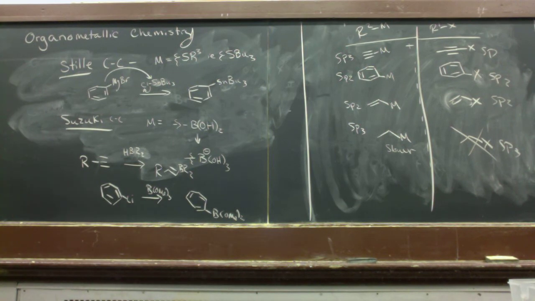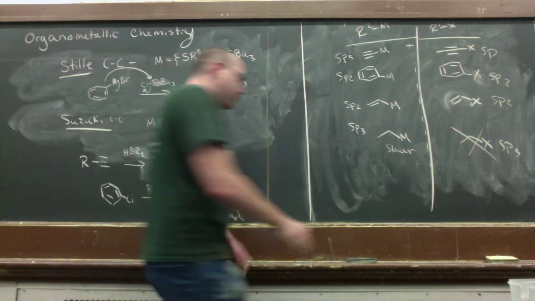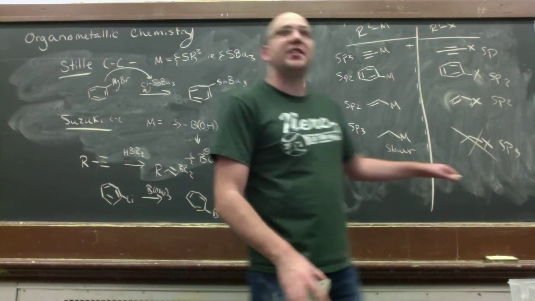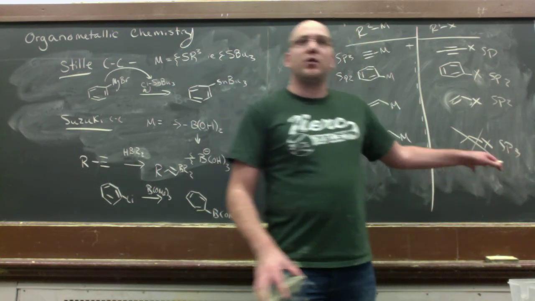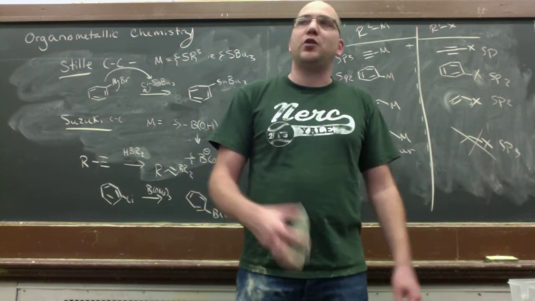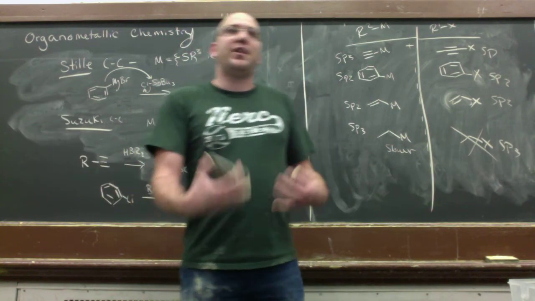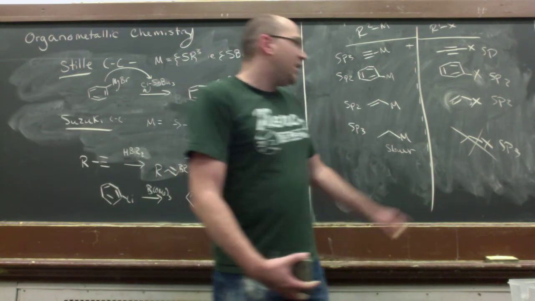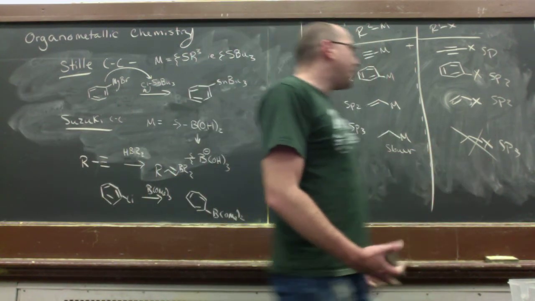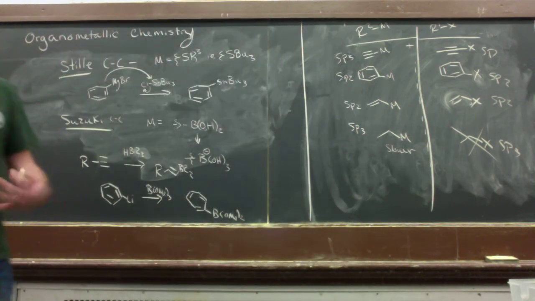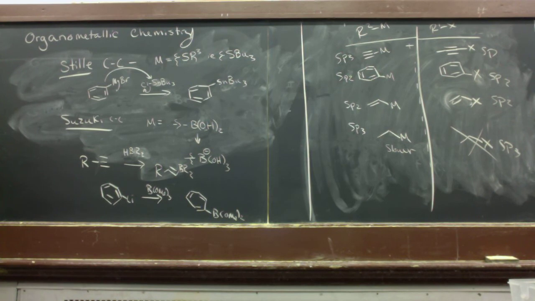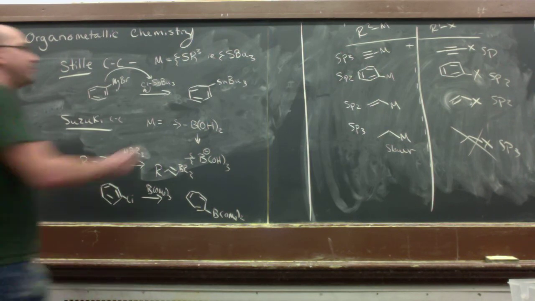And again, there's a guy named Greg Fu, who's out of Caltech now, and he's developed some nice catalysts that can help and allow for these cross couplings, so you can actually do sp3. But that's a really recent development, and it's really challenging to do. And the reason has to do with a potential side product within the overall process, and I'll use this to transition into Heck chemistry.